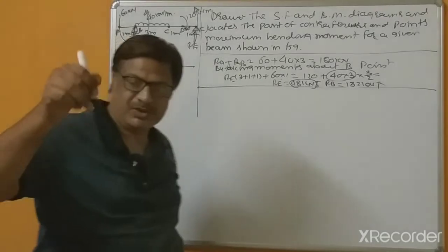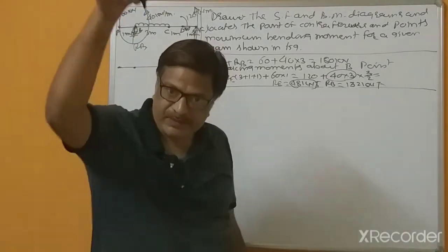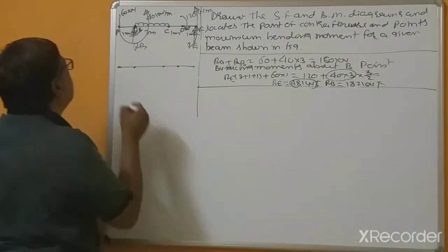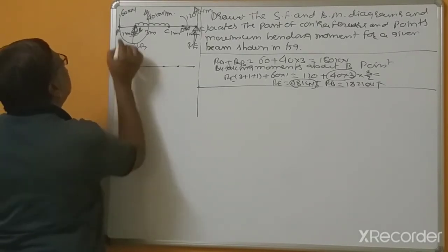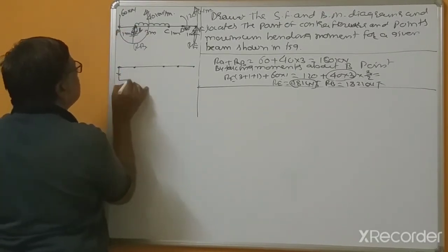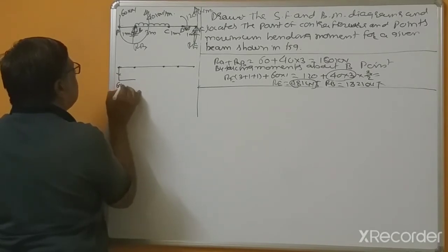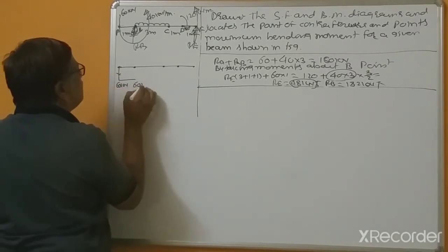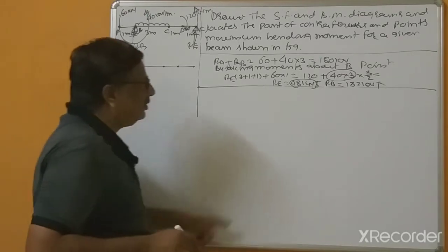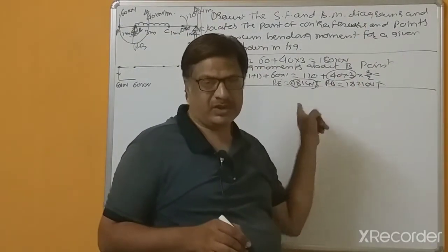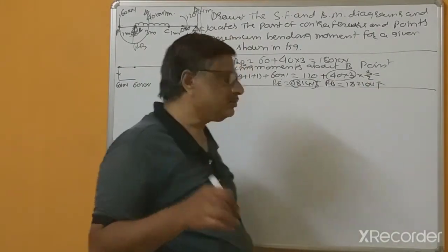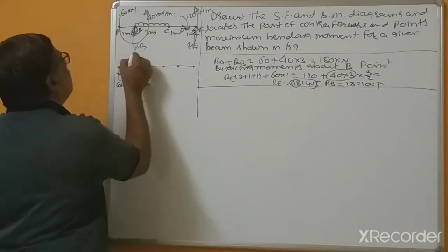As per our assumption, 60 kilonewtons downwards means this is negative. In between A to B no force, so this is 60. Now RB equal to 132 and this is upward, minus 60 plus 132, 72 kilonewton.